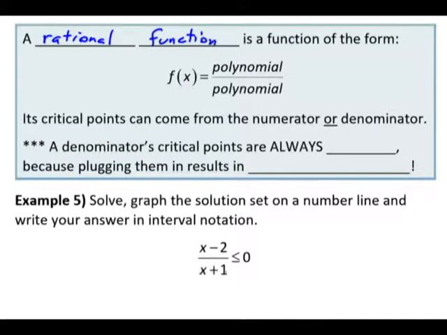They're always going to be open, because if we were to plug in, let's say -1 in example 5, we would get -1 plus 1. We would be dividing by 0. We'd get something undefined instead of 0. Let's see how this plays out.